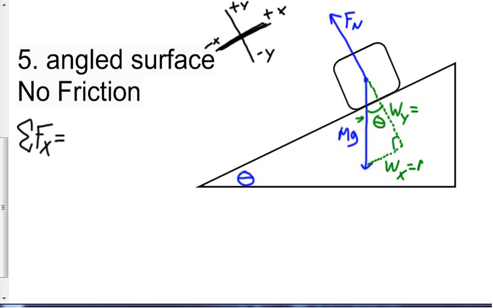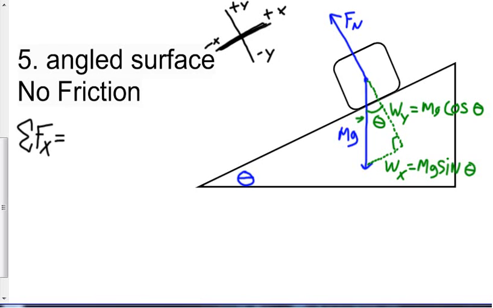So this is going to be mg sine of theta. Y is adjacent, so that's going to be mg cosine of theta. This is one of those times when I talk to you about how most of the time x goes with cosine and most of the time y goes with sine. When you're doing angles, that doesn't happen anymore.